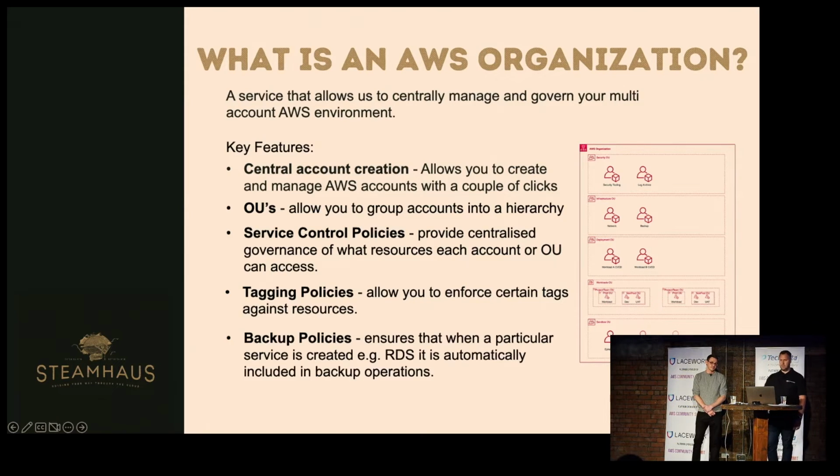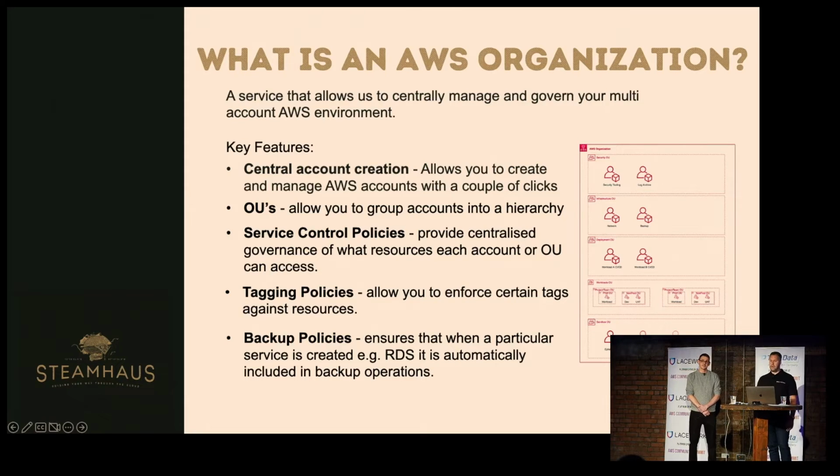So that leads me on to another feature of Organizations, which is backup policies. Backup policies allow us to define rules around how and when our resources are backed up. It's tightly coupled with the AWS Backup service and can be applied to the root of our organization, the OUs themselves or individual accounts.